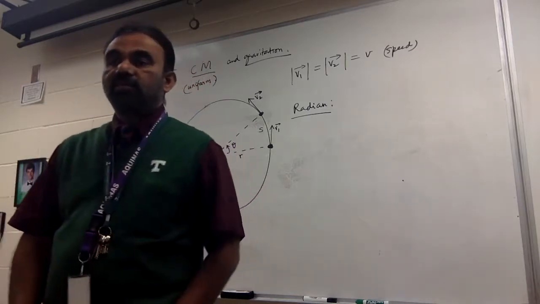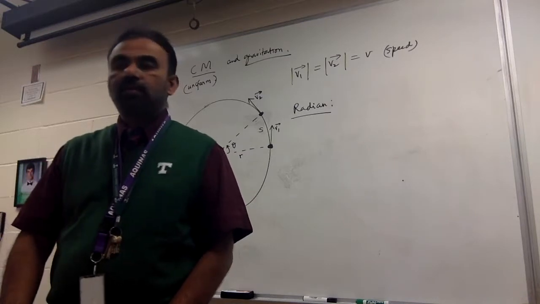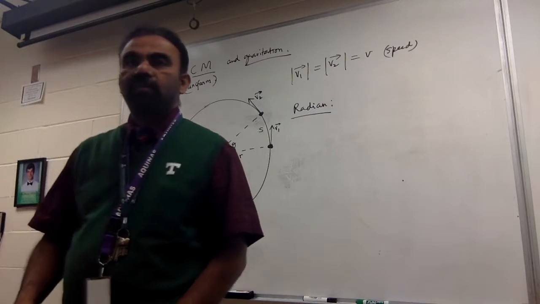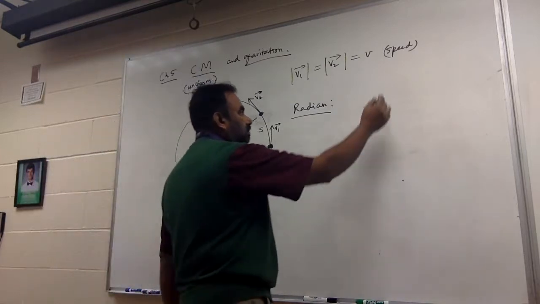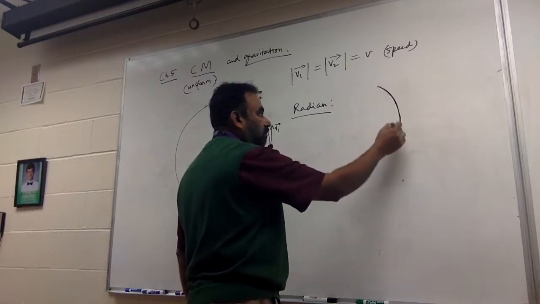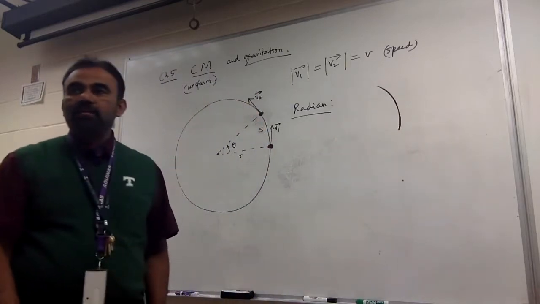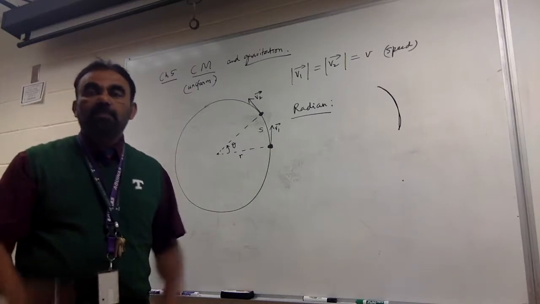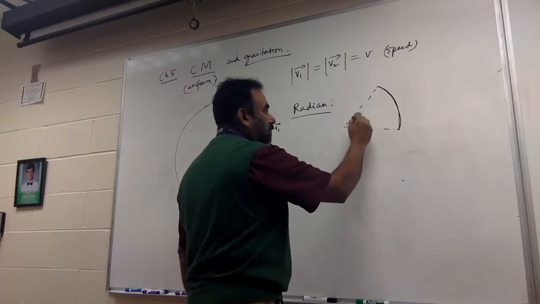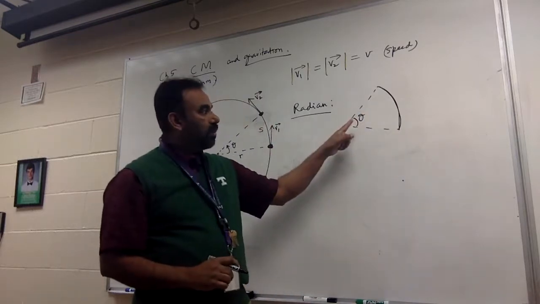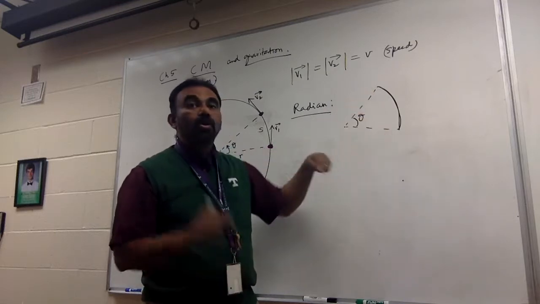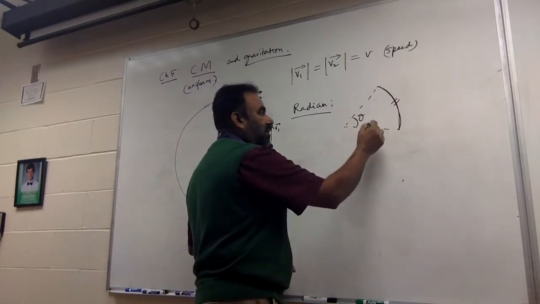One radian is the angle subtended by an arc whose length is the same as the radius.